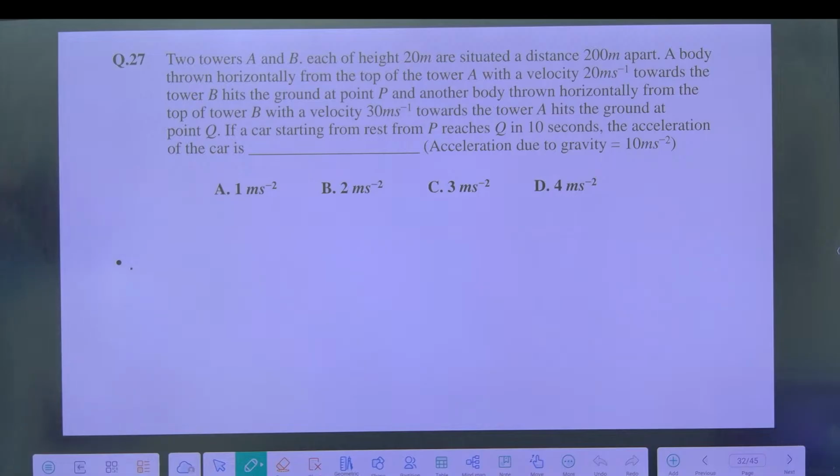Okay. Two towers A and B, each of height 20 meter, are situated 200 meter apart.